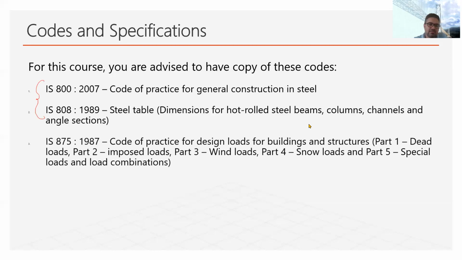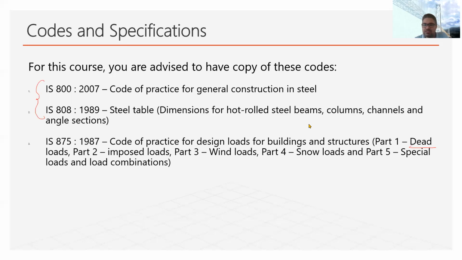And then the other codes that are very useful are IS 875, which was revised in 1987. IS 875 has 5 parts, and this code is mainly responsible for the estimation of loads that will be coming on the structure. Those loads may be dead load.